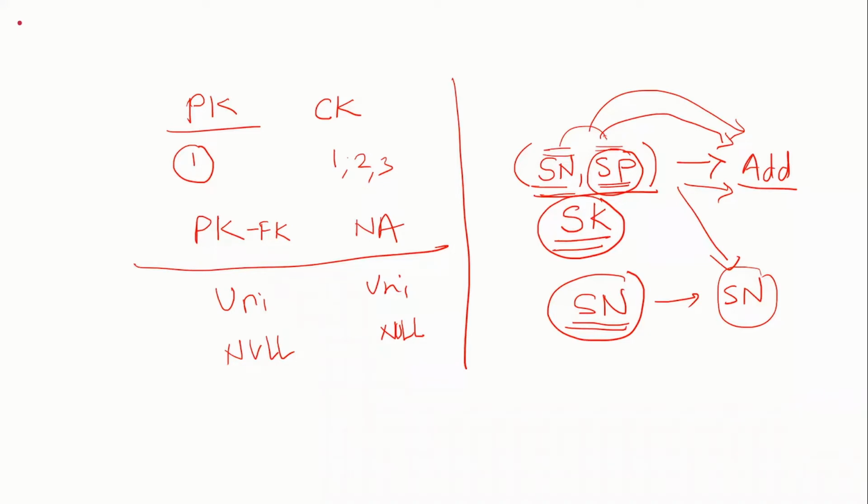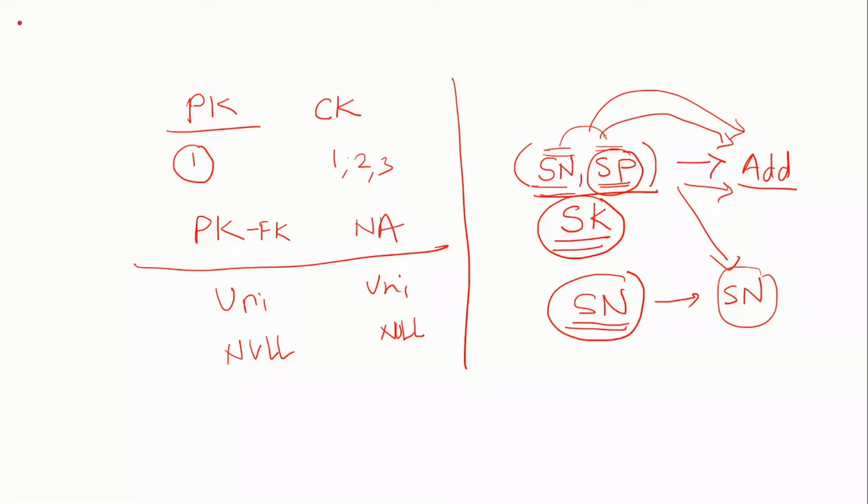Students, as per the name, a composite key means more than one attribute is there. This composite key also forms the primary key; a primary key with two or more attributes is called a composite key. As per the name, it is a combination of more than one attribute.